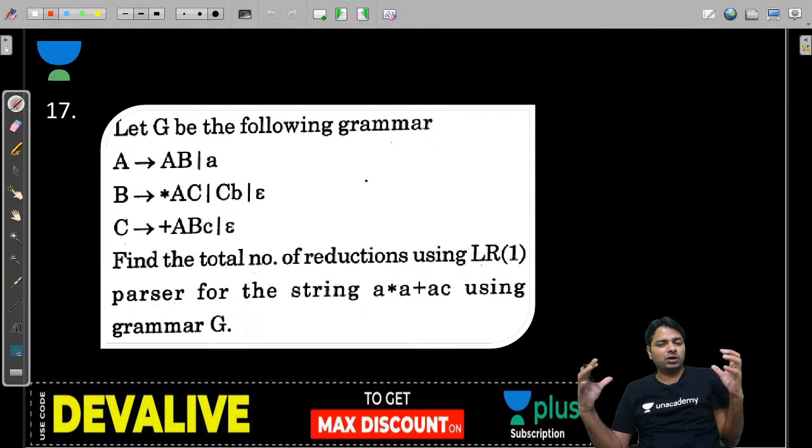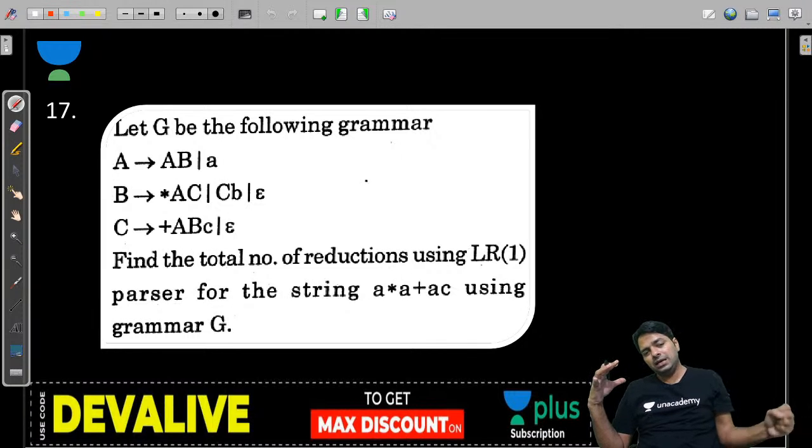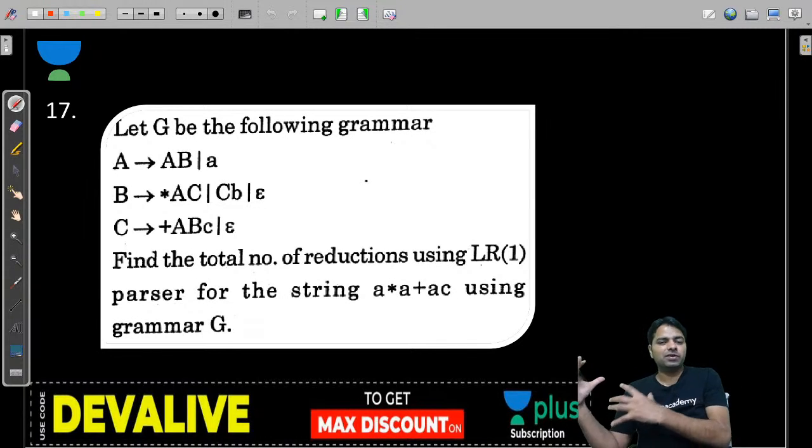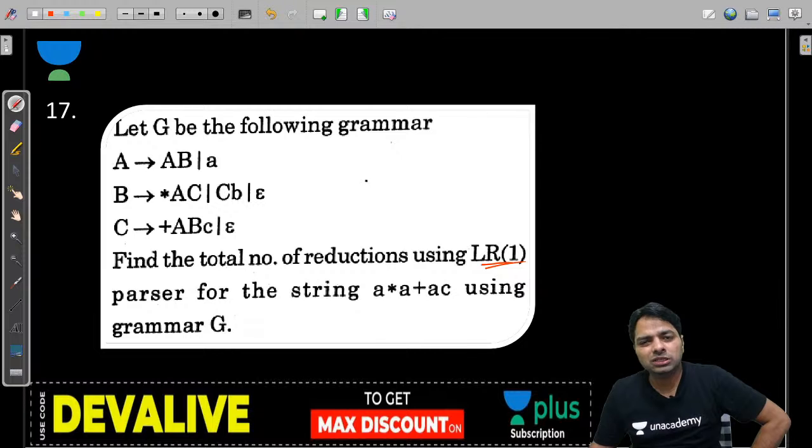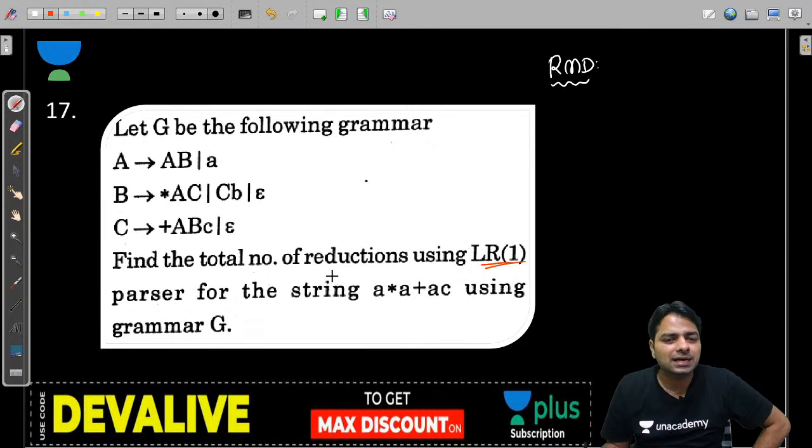Remember this point. The number of steps in RMD is the same as the number of reductions in the reverse of RMD. This LR1 parser uses the reverse of RMD. So you can easily look at the RMD and answer it, because the reverse will have the same number of reductions. My target is to get a star a plus ac.